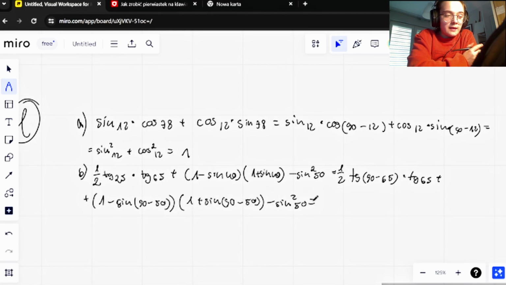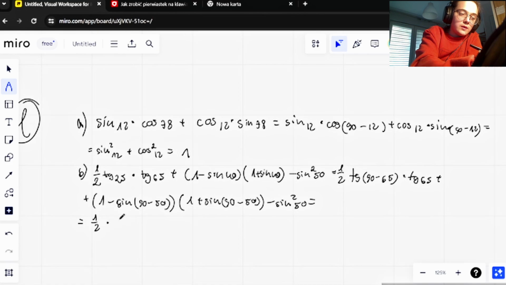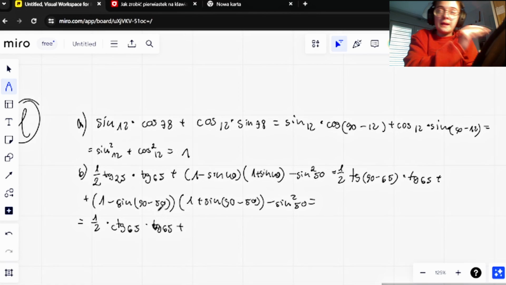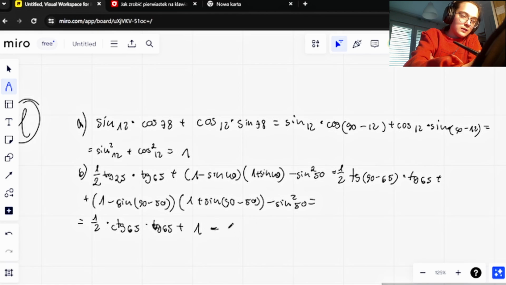Okay, and then we get 1, 2 times cotangens 65 times tangens 65 plus here, and this is the formula of multiplication. 1 minus cosinus 50.